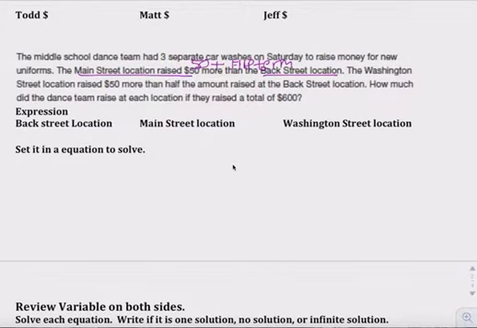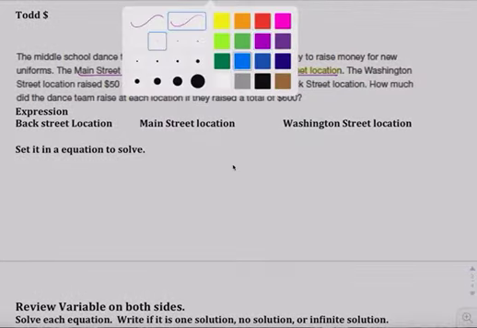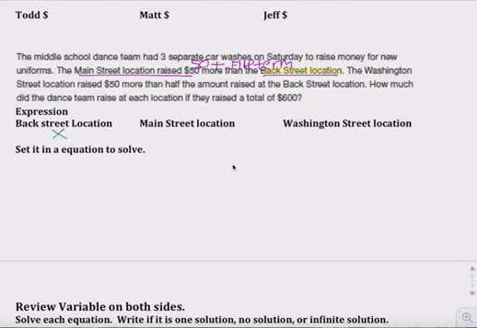So that means Back Street location plus 50 for Main Street. We don't know Back Street location, so we're going to give the expression X for Back Street location. So Main Street location then is X plus 50, because Main Street location is 50 plus Back Street location, and Back Street location is X.